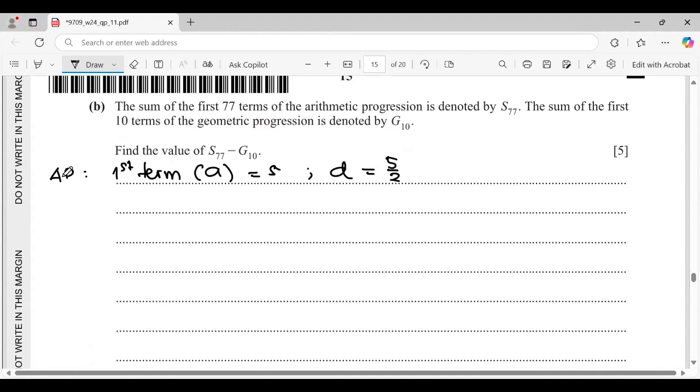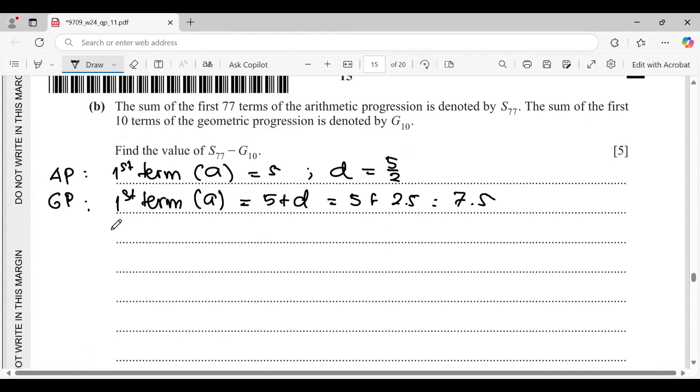While in the geometric progression, the first term, or a, is 5 plus d, or 5 plus 2.5, so 7.5.